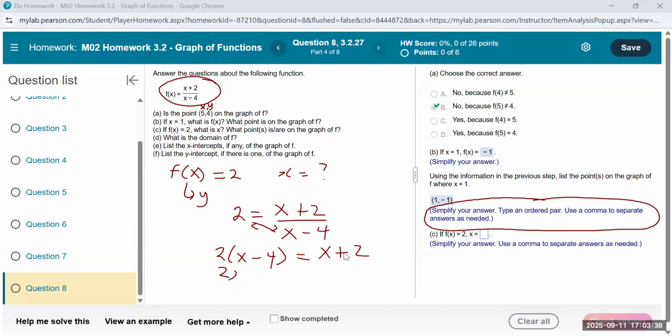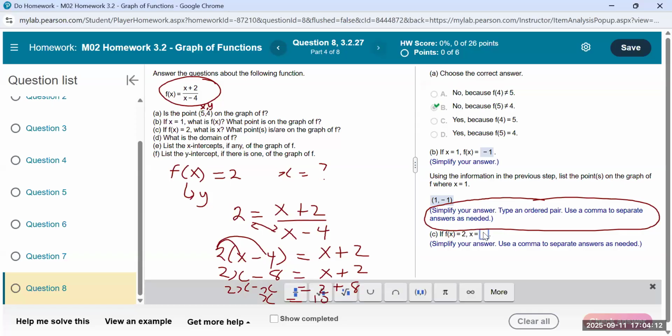So you have 2x minus 8 equal to x plus 2. If you group like terms, you have 2x minus x equal to 2 plus 8. So your x is equal to 10. If f of x is equal to 2, your x value is 10.